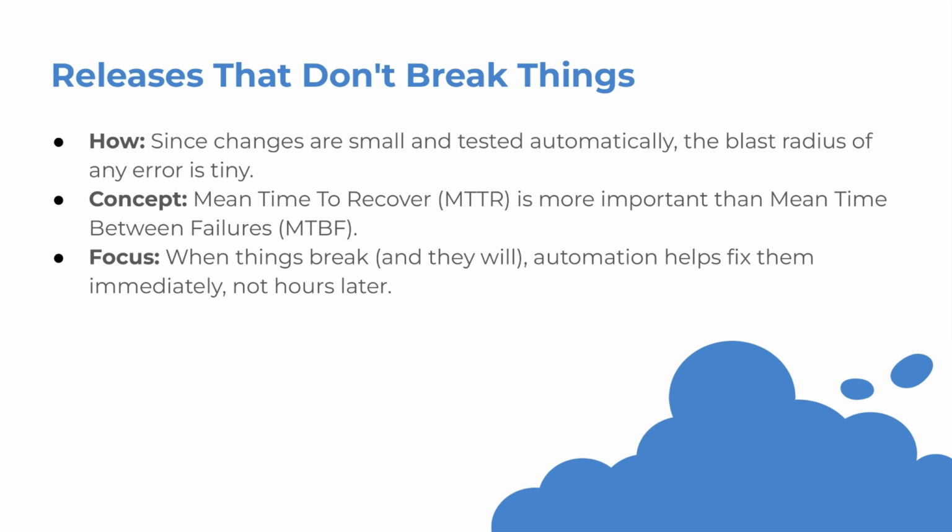So mean time between failures should be more important, because we are to make this mean time between failures as long as possible. The customers can't experience failures again and again and again.